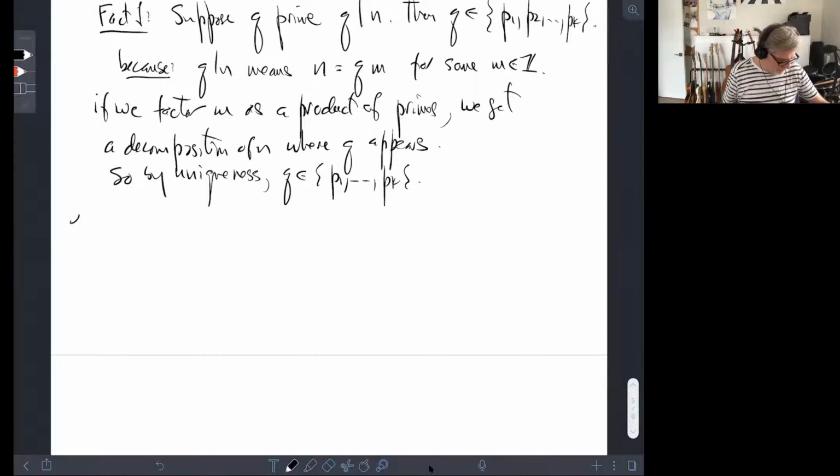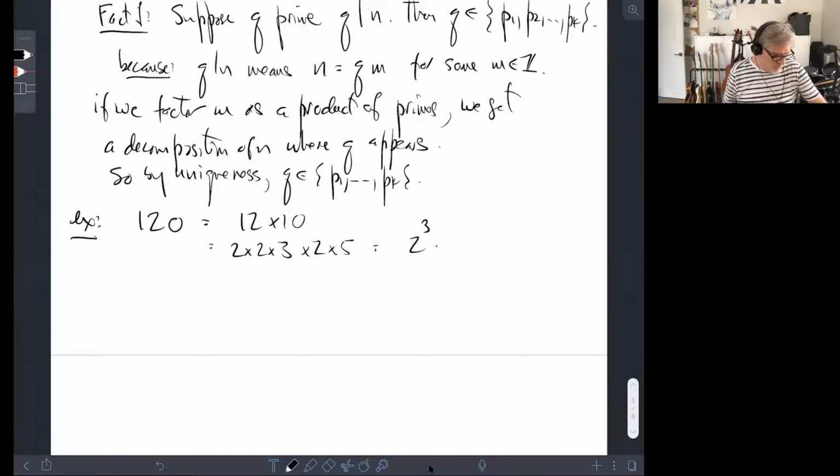Let me try, I don't know if this is going to help, but let's just take a number, 120. Let me factor that. 120 is 12 times 10, which is 2 times 2 times 3 times 2 times 5, which is 2 cubed times 3 times 5. Is that right? Okay. Now think of a prime that divides 120.